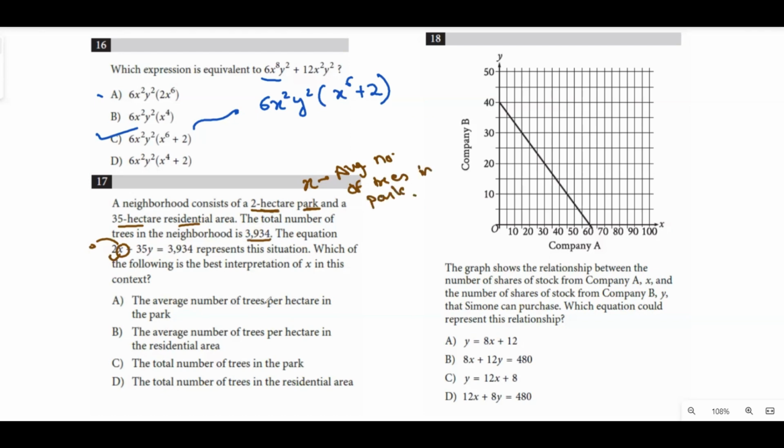So option number A, the average number of trees per hectare in the park. Yes, option number A is my correct answer. And suppose they ask you what y is representing. So y is representing the average number of trees per hectare in my residential area. I hope question number 17 is also clear. The correct answer for question number 17 is A.